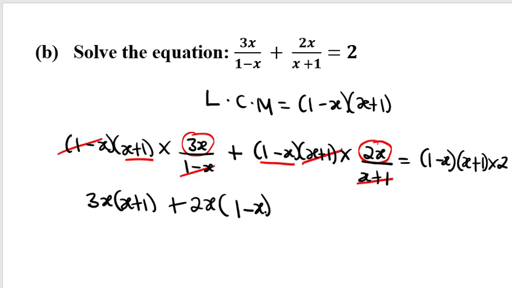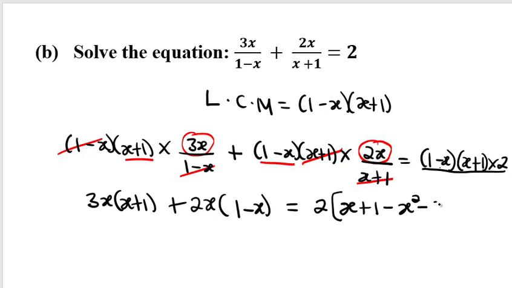For this side, you are going to multiply all the terms, so we hold on to the 2 and try simplifying the other 2 expressions. So 1 times x is going to give us x, 1 times 1 will give us plus 1, minus x times minus x will give us minus x squared, and minus x times 1 will give us minus x.